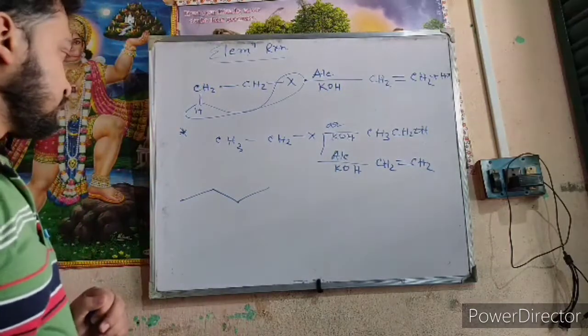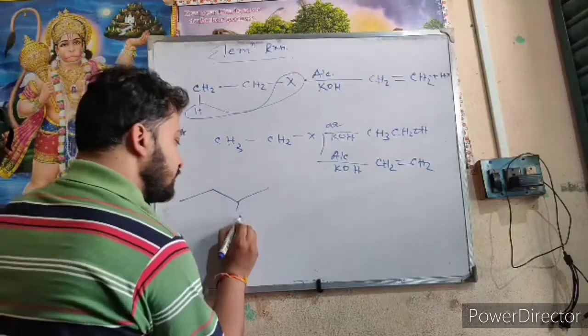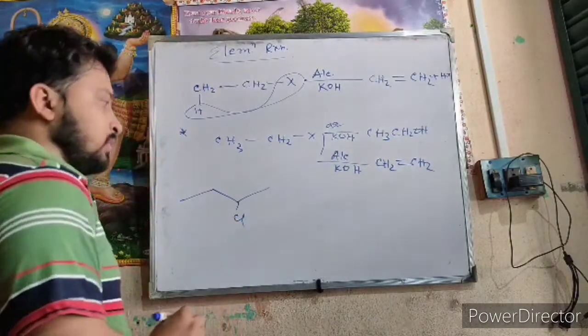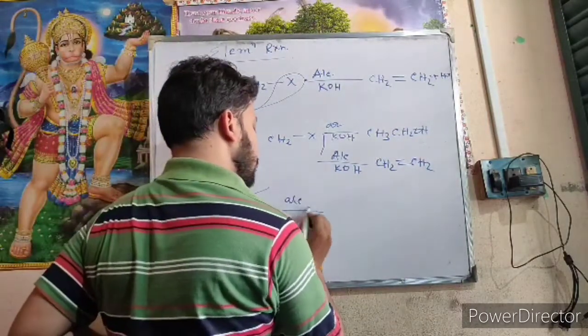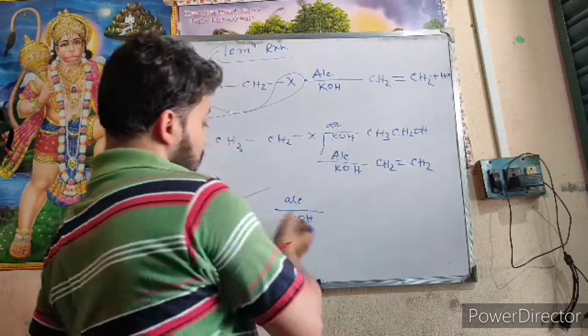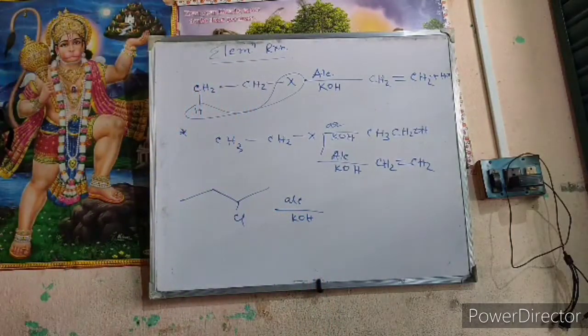This is the product, and this is Cl. You use alcoholic KOH. What will be the product?